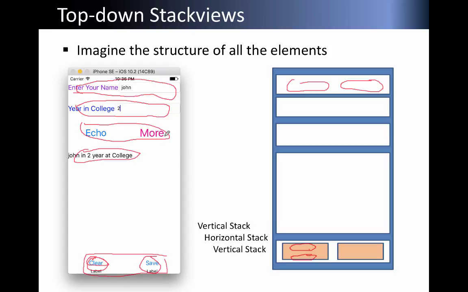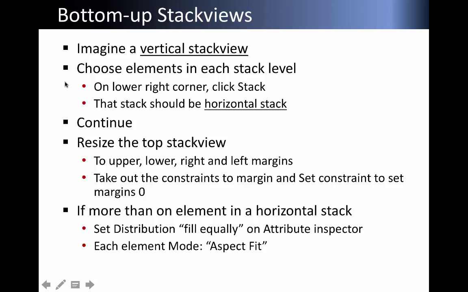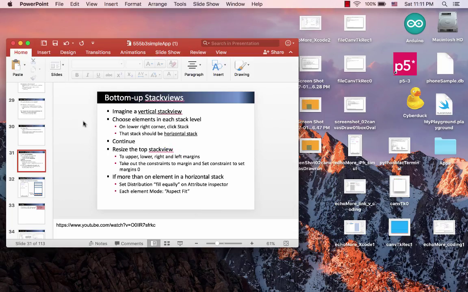So we have multiple horizontal stacks. Therefore, finally we can say, oh, everything together will be in a vertical stack. So that is a bottom-up approach. Okay, so either way will be possible. So I'm going to show it to you.